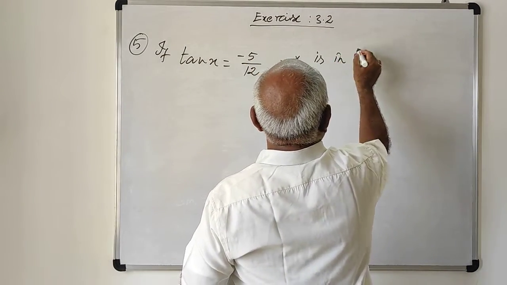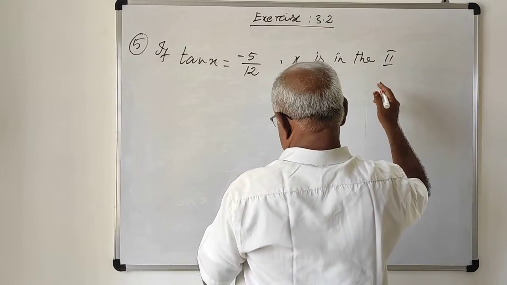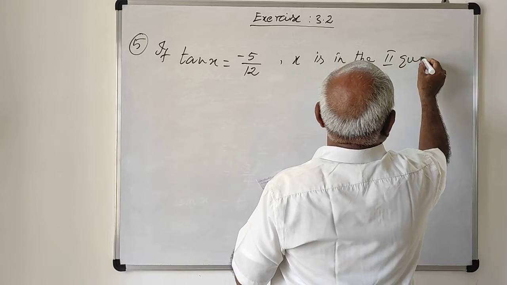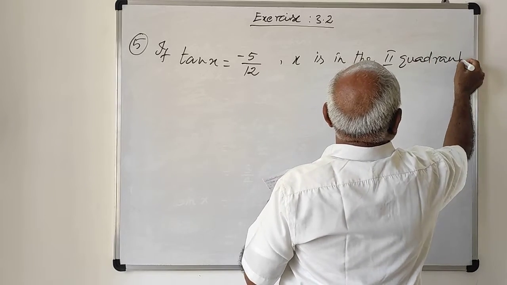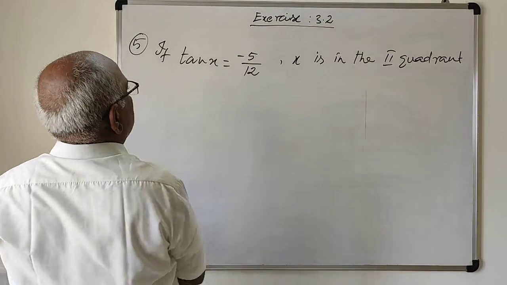In the second quadrant, sine and cosecant are positive, tan is negative.